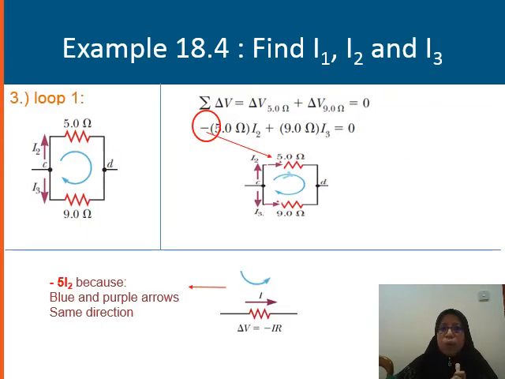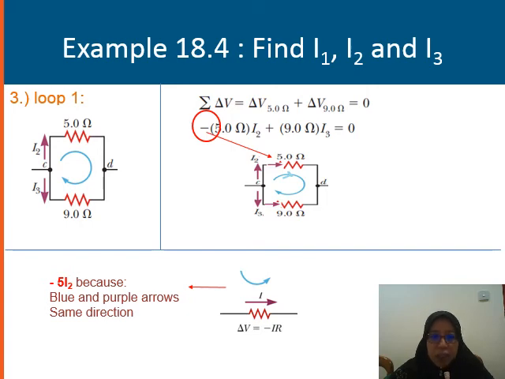Now, how do we get the expression? This is the first loop just now. I did mention that I2 would travel through 5 ohms and I3 through 9 ohms. So the total voltage is equivalent to 0, and it's already an expression. Your job is to determine what is element of voltages inside this loop.